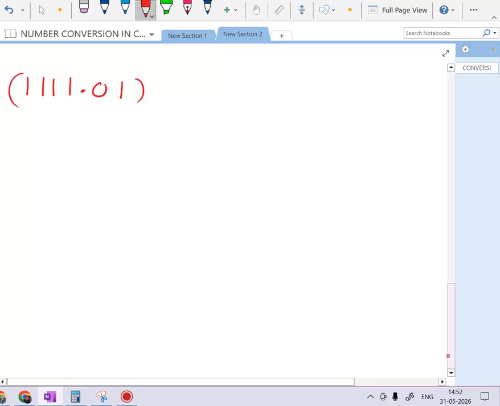It means a point value, or you can say a float, because it will help you understand both. This time I'm not taking only pure binary, I'm taking the float value also, and the question is what will be your decimal form.